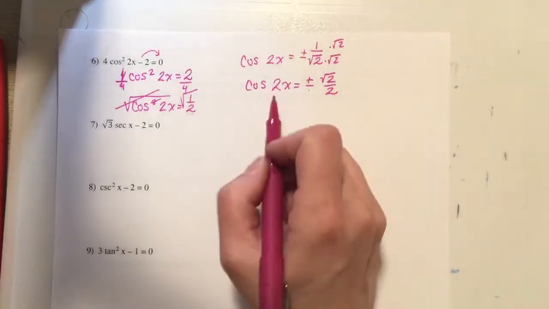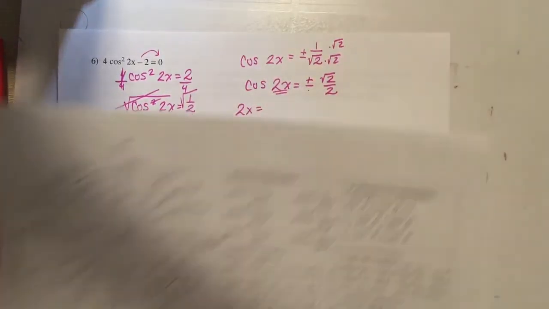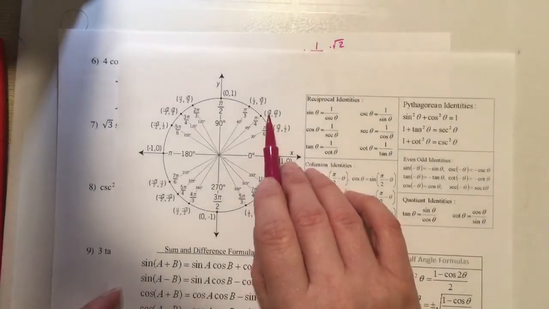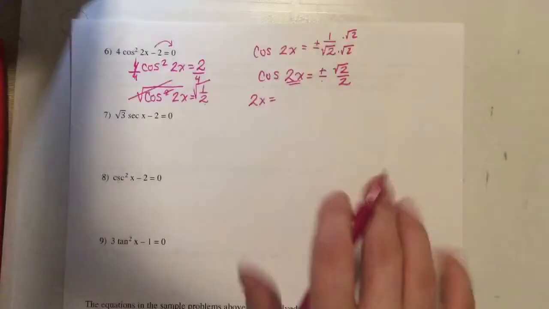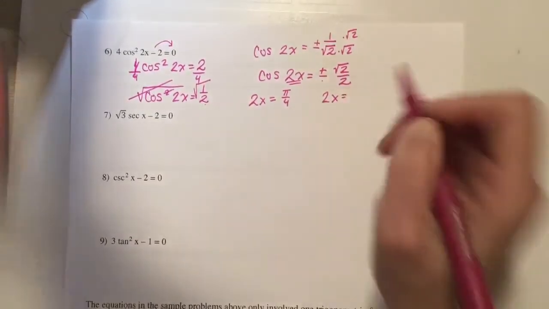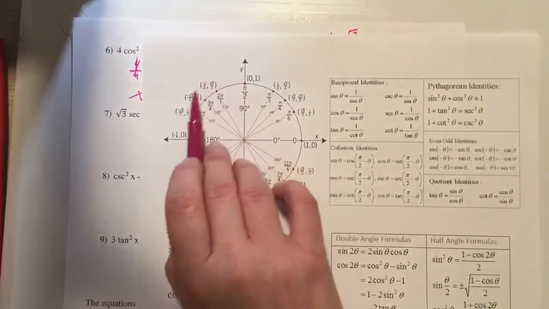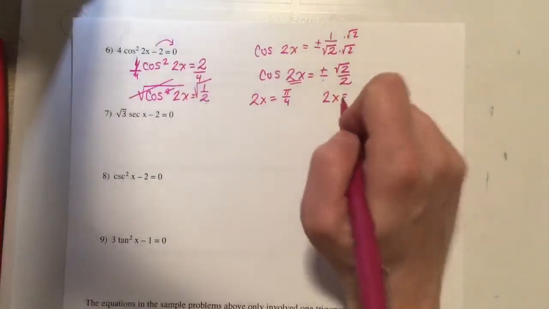But instead of saying x equals that, that's what 2x equals. So we're going to go ahead and look for these. So 2x equals pi over 4. 2x equals, again, I'm looking for x values that are square roots of 2 over 2, positive or negative. There's 3 pi over 4.